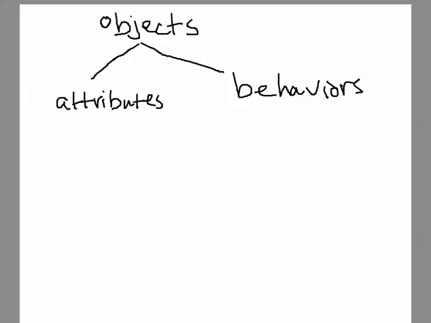Now the attributes, we always said that we cannot change the attributes, which is why we always declare them as private. Because we cannot change them. This is how the object is. However, the behavior, we can change them.